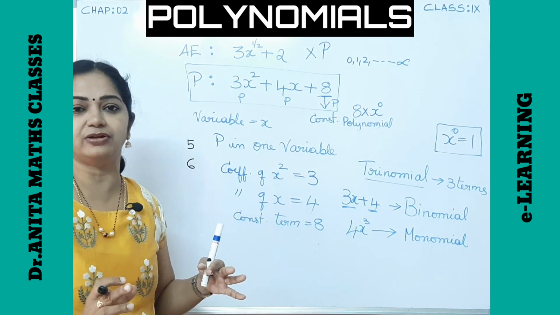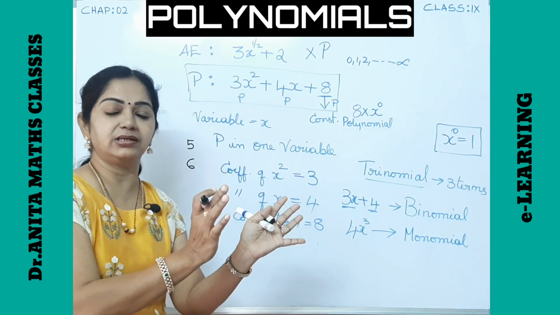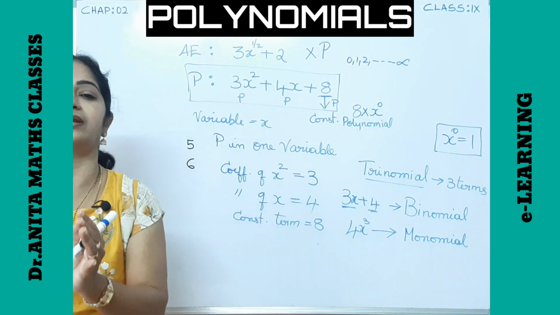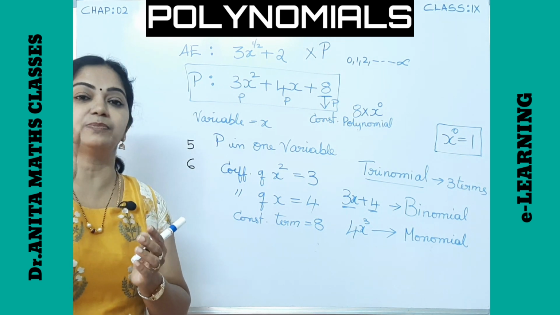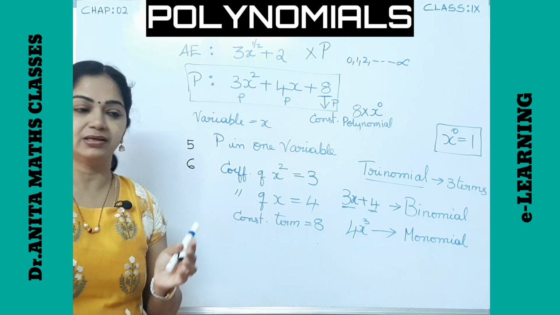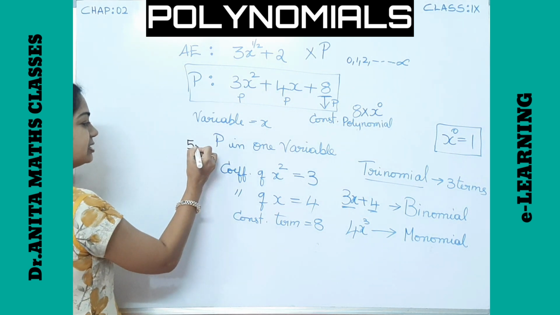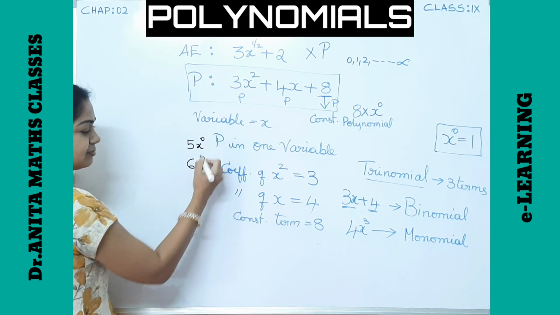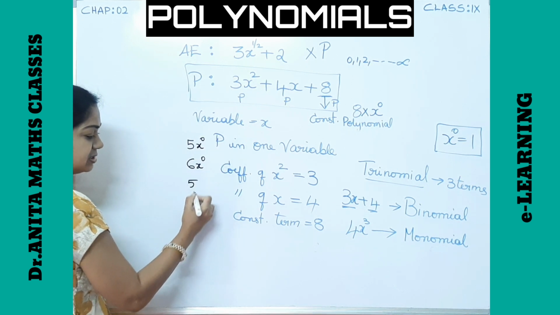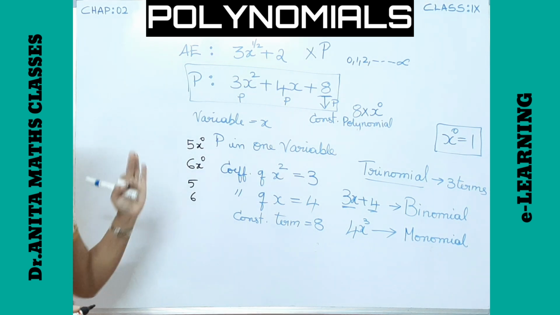What is the definition of polynomial? It is an integer constant into a variable raised to the power of a whole number. So we can write this as 5 into x to the power of 0, and x to the power of 0 is 1. So 5 and 6 are called constant polynomials.